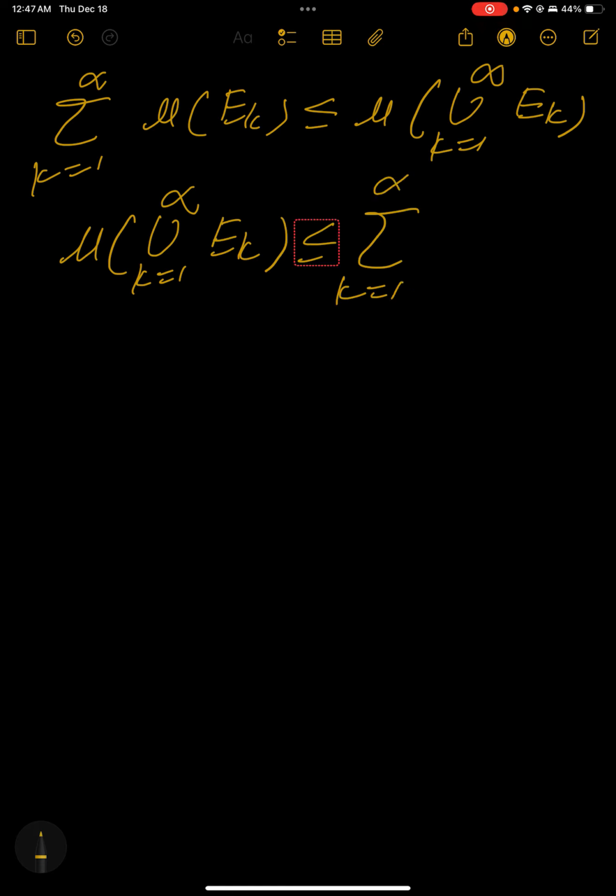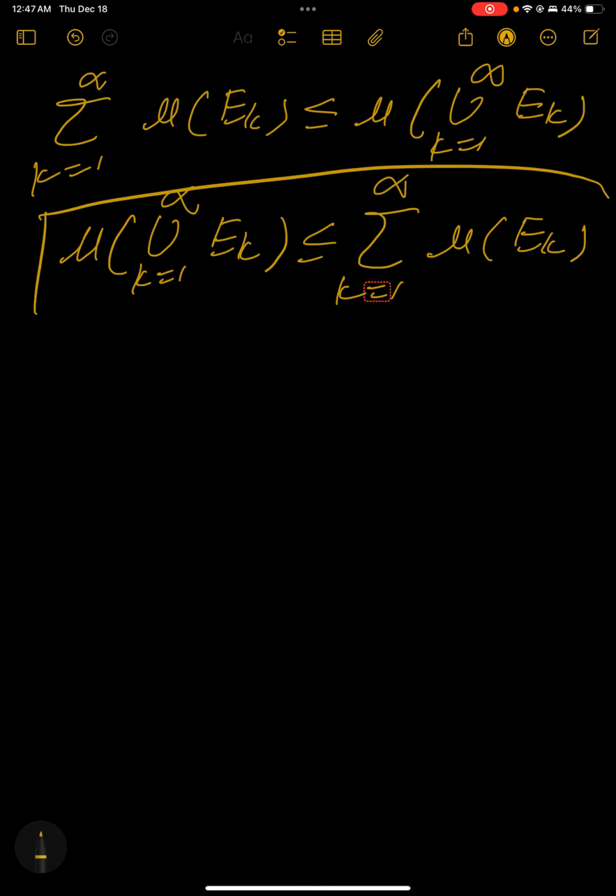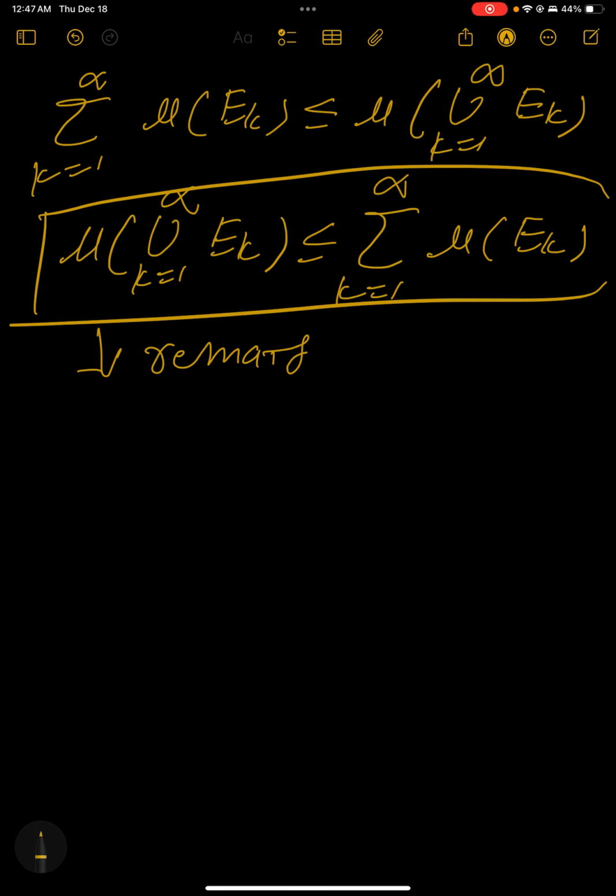Okay, so that's what we showed, but now we need to show the other way around. We need to show that the measure of the union of E_k, k equals 1 up to infinity, is less than or equal to the sum of k equals 1 up to infinity of the measure of E_k. That remains to be shown, and then we will have equality.